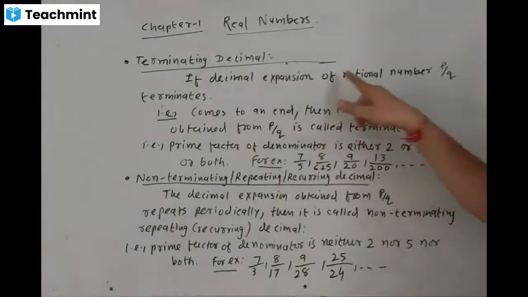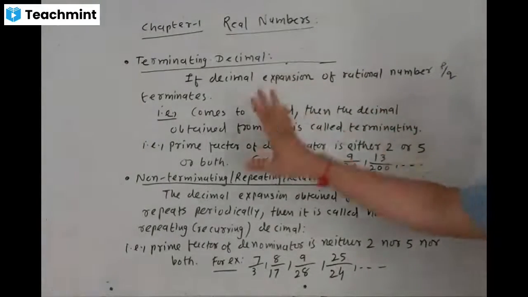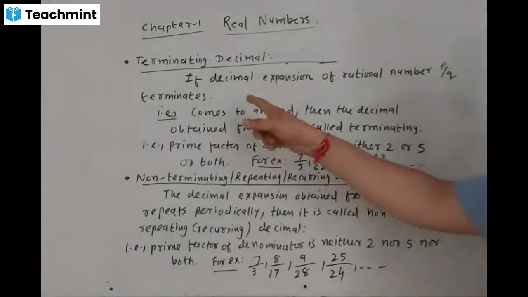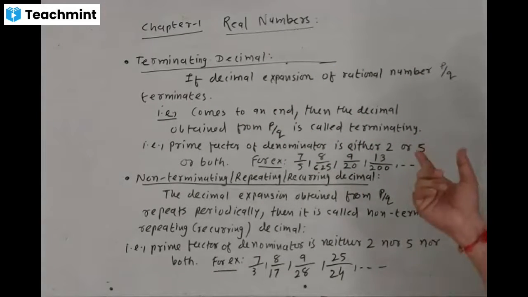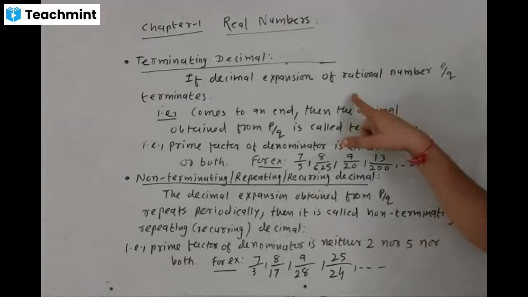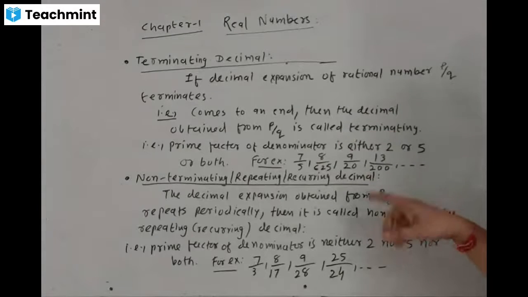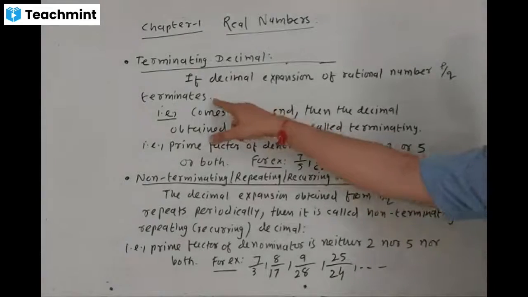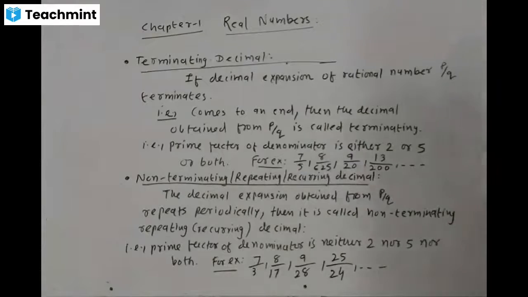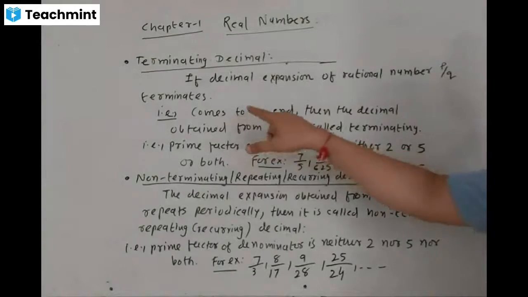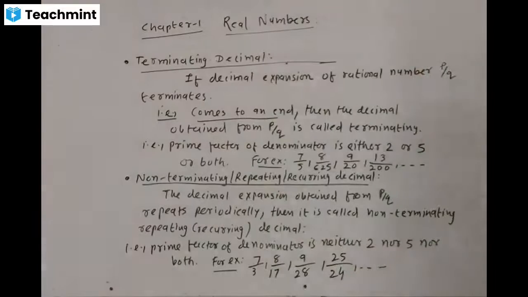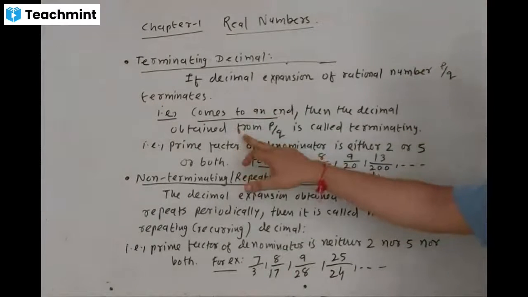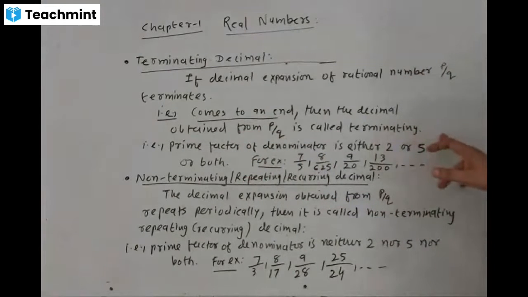If you divide by the denominator and the remainder is 0, then the decimal comes to an end. Then the decimal obtained from p by q is called terminated.